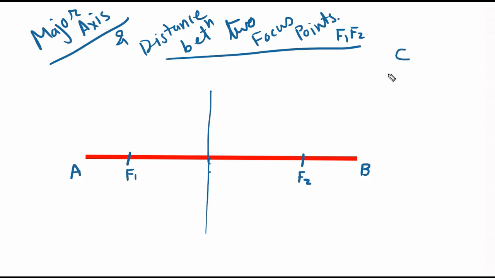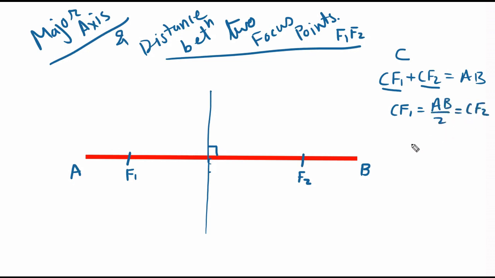As per the definition, CF1 plus CF2 equals AB. As AB and CD are perpendicular bisectors, where CD is the minor axis, CF1 equals CF2. So we will have CF1 equal to AB by 2, and that is equal to CF2.